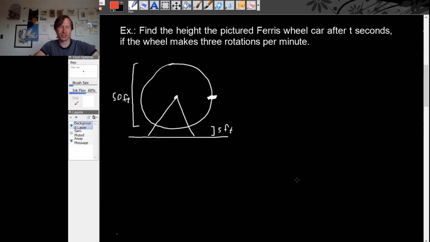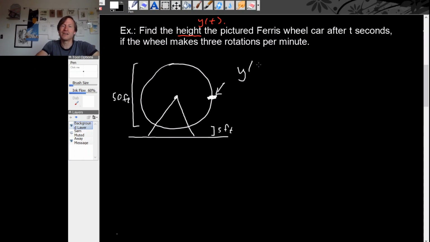So let's find a function that describes the height of the pictured Ferris wheel car, that's this one right here, after t seconds if the wheel makes 3 rotations per minute. So the height is, I guess we could call that y of t, and since it's a coordinate function for circular motion, it's going to be sinusoidal.